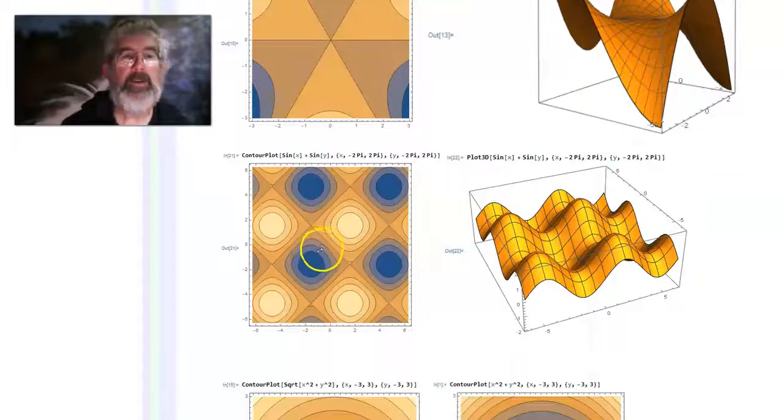Notice since I don't have the numbers on it, I can't necessarily tell what level is what, but I know this gets up as high as 2 when the sine is 1 and that sine is 1. So the highest this gets to is 2 and the lowest is negative 2. So down here is the negative 2, up here is the plus 2. In the middle is 0.